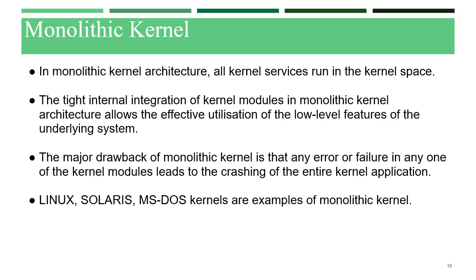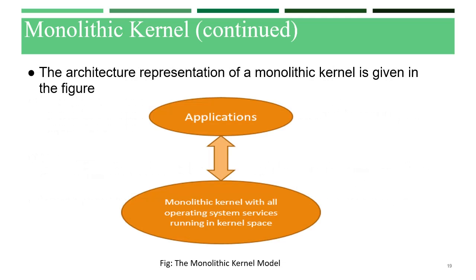The major drawback of the monolithic kernel is that any error or failure in any one of the kernel modules leads to the crashing of the entire kernel application. Examples are Linux, Solaris, and MS-DOS kernels. This figure shows the architecture representation of the monolithic kernel.